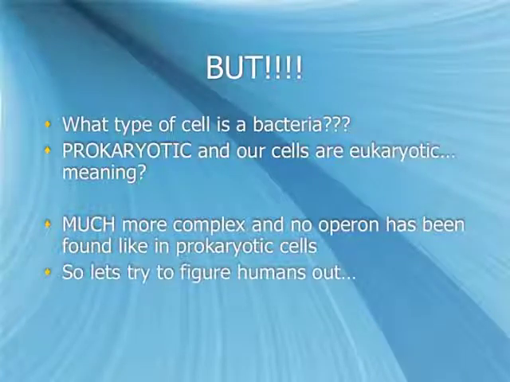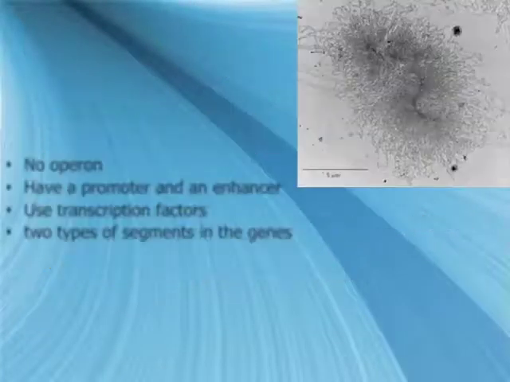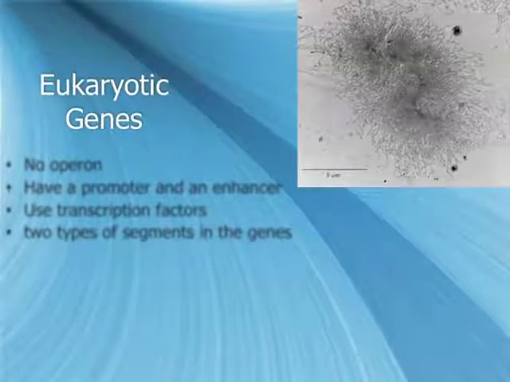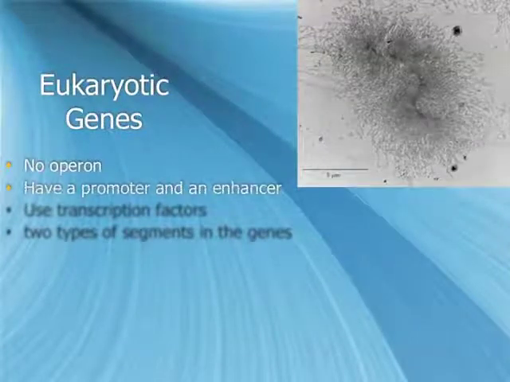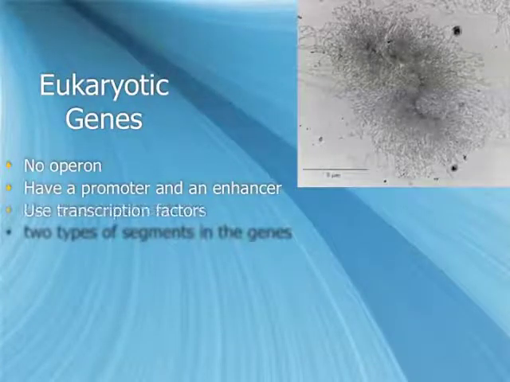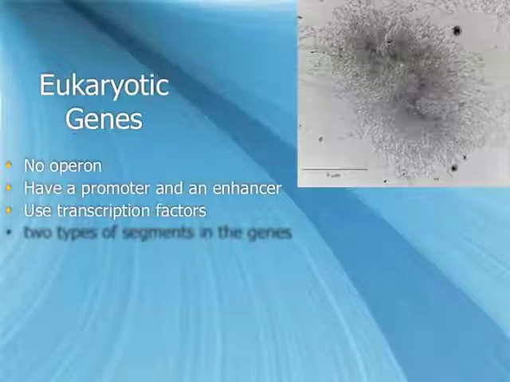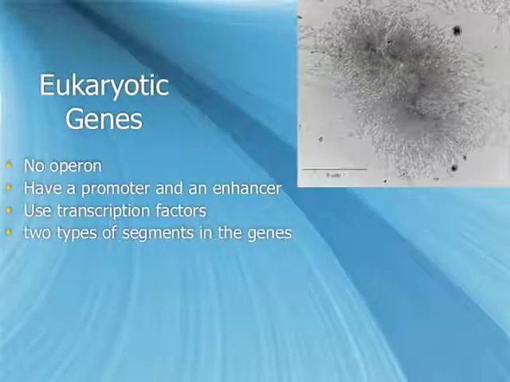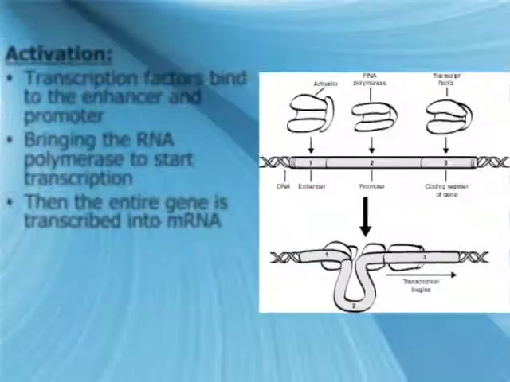So it's a little more complicated, but to simplify it, in eukaryotic genes there's no operon, but we do have a promoter and what's known as an enhancer, which is kind of like the operator. And we use transcription factors instead of the inhibitory or regulator protein. And we also have 2 different types of segments in our genes, which we'll look at in a little bit.